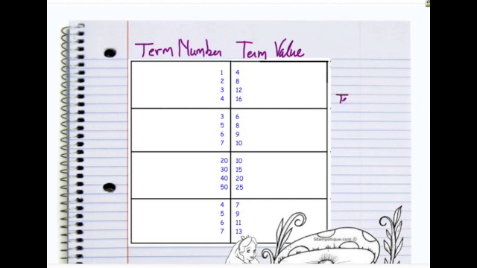The term number is the place you are referencing in your pattern. So for example, if I was having a pattern with shapes, right?